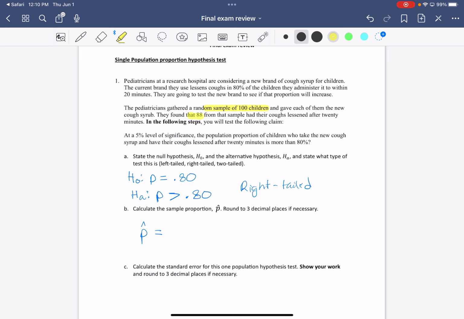They found that 88 of them had their coughs lessened after 20 minutes. That's your sample. Out of the 100, 88 of them met the criteria that we're looking for. So that's 88 out of 100 from our sample. In decimal form, that is 0.88.